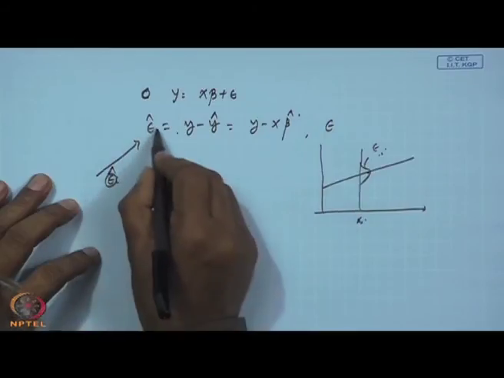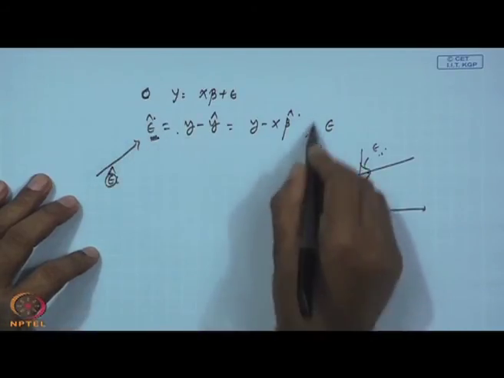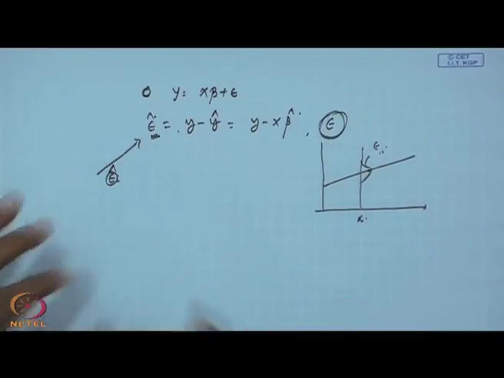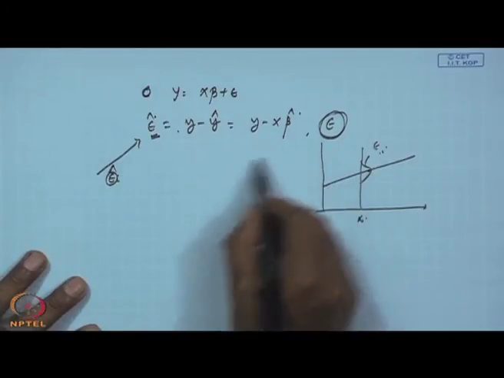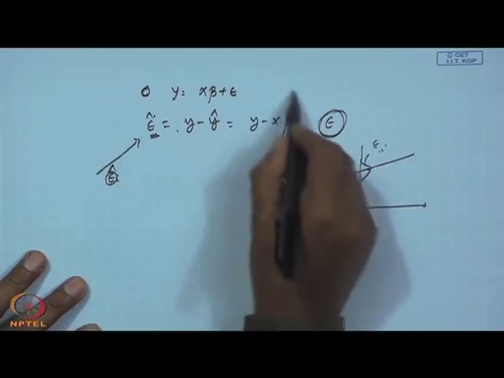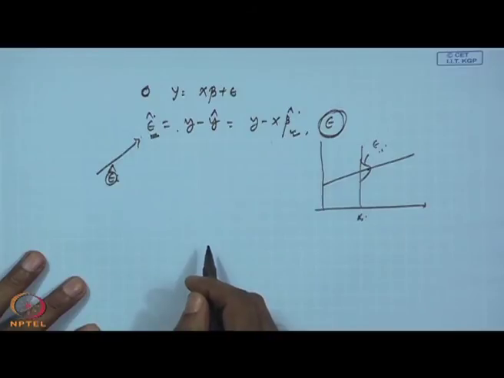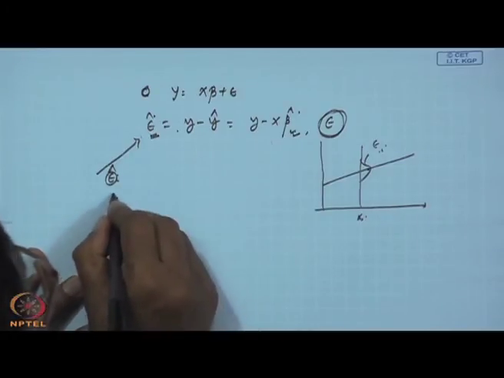So, in general, will epsilon cap be the same as the population epsilon? It will not be the same. Here, this distribution will be governed by this beta cap that you are estimating. Okay. So, a little bit of a clue I am giving you here.